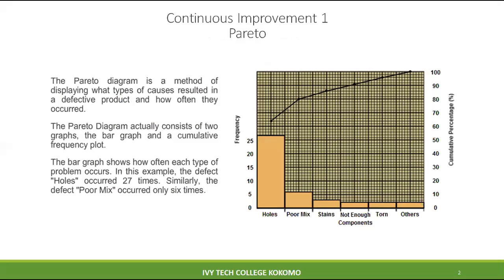And we look at the errors that happen, the defects, and we track those defects, and you really make two graphs. The graphs that we can make are pretty simple. You have your bar graph here, and then you have a cumulative percentage up here.